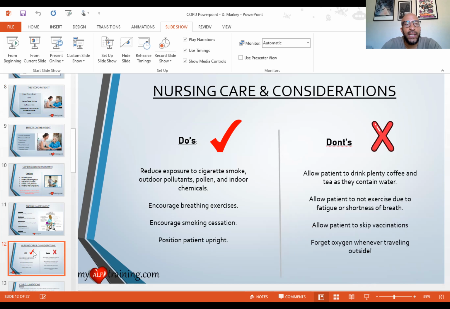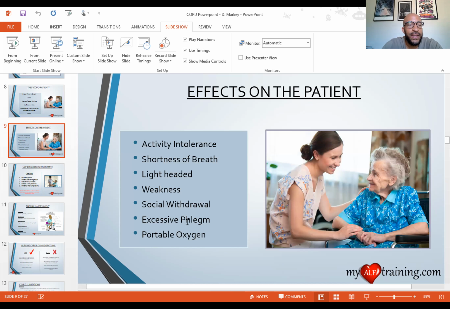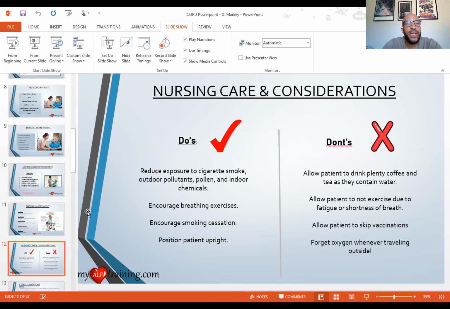So if you're taking care of a patient and they haven't quit smoking yet and they have COPD, or you believe that they may have COPD, as evidenced by these types of symptoms or effects, then the first and most important thing is you need to get them to stop smoking. So, smoking cessation: you need to encourage them, let the doctor know, offer a nicotine patch, offer anything that will help them to quit smoking.